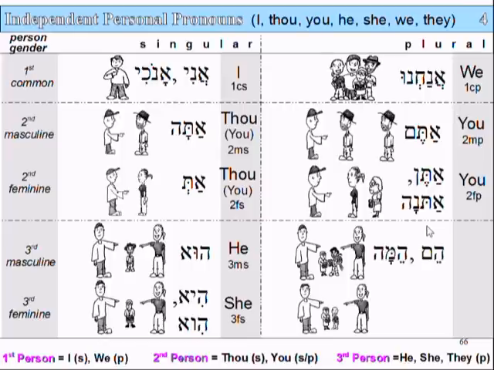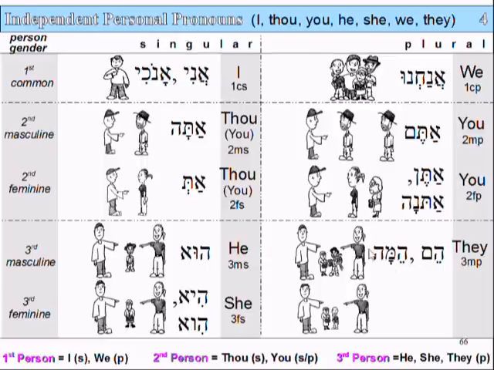So the last one is the third person plural. The masculine version for they is the word hem or hema. So if I say hem or hema, that's just the word in Hebrew for they. And this is called the third person masculine plural.